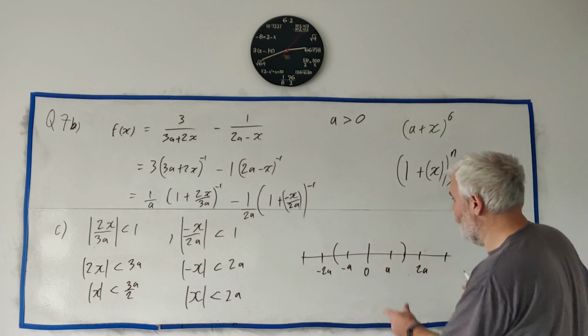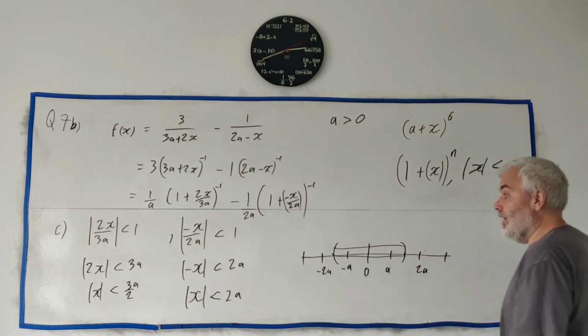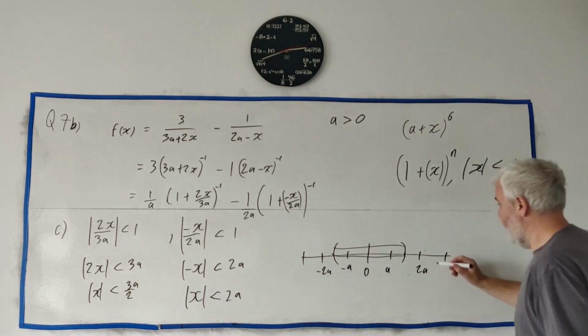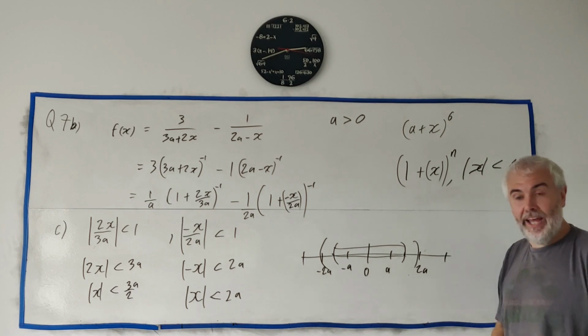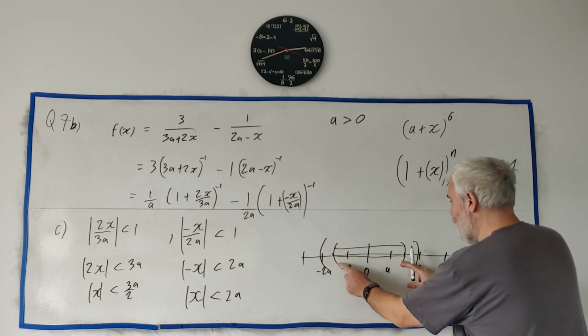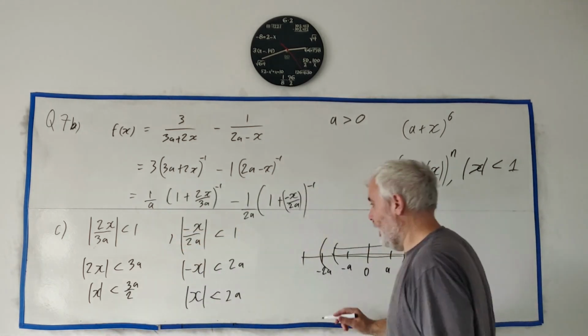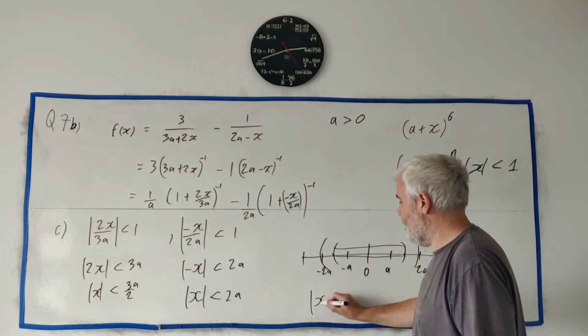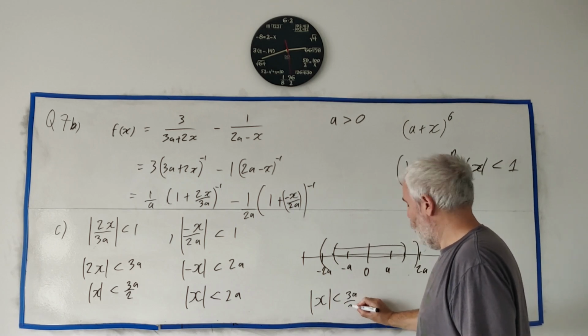It has to be in this world, between these two brackets. Let me just put a couple of lines in there. This one's saying it has to be in this world, between this one and this one. And both of them have to be true. That only happens in this world here in the middle. That only happens when this is the case. So the answer to this is the absolute value of x is less than 3a over 2.